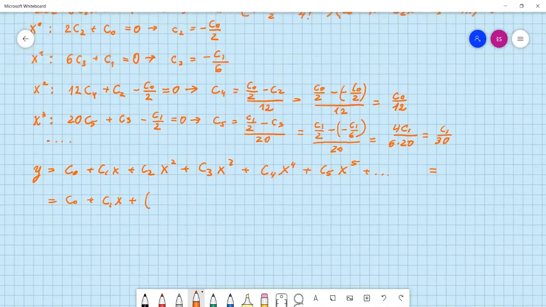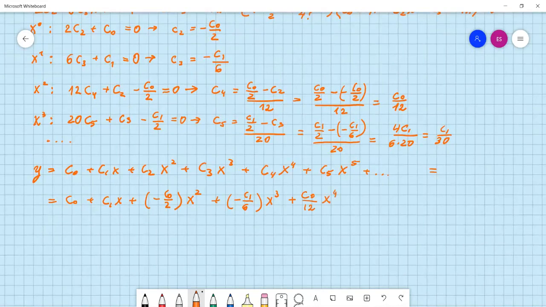C2 is actually minus C0 over 2 and multiplied by x squared, right? C3, which is before x cubed, is going to be minus C1 over 6 x cubed. And C4 is going to be C0 over 12 x to the power of 4.